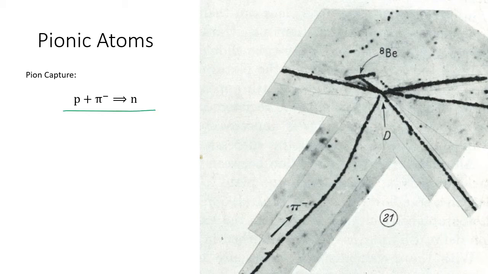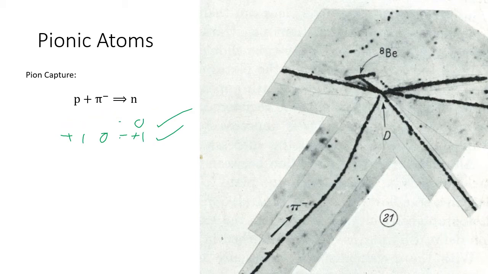Now you can see why that works, because this has got a positive charge, that's got a negative charge, and that's got no charge. And so as far as charge is concerned, that's fine. As far as nucleon number is concerned, that's fine. So you can see that that works.